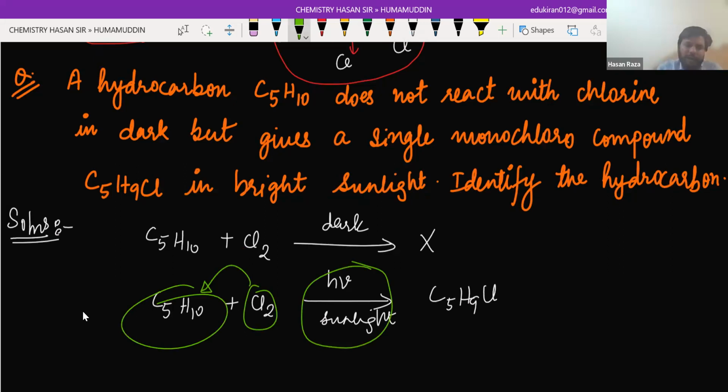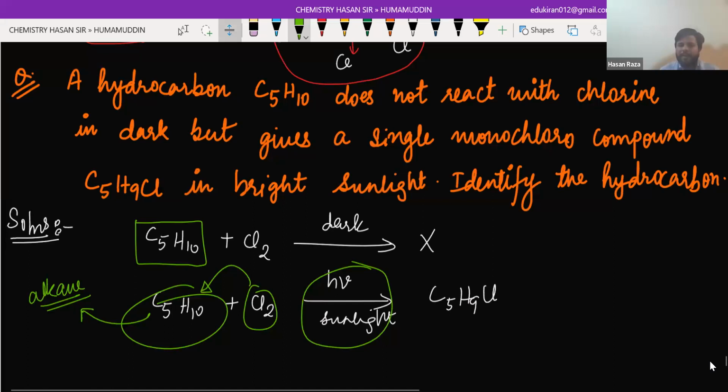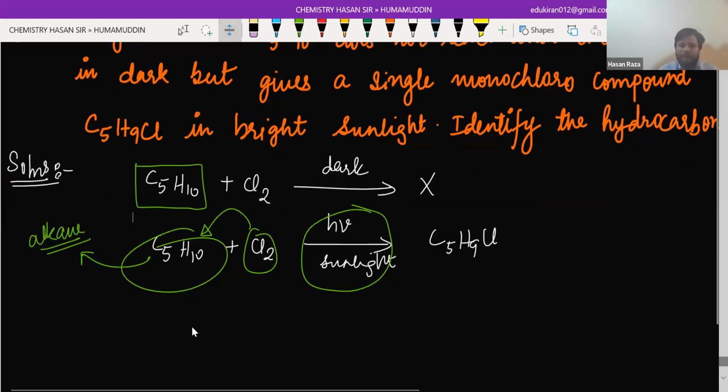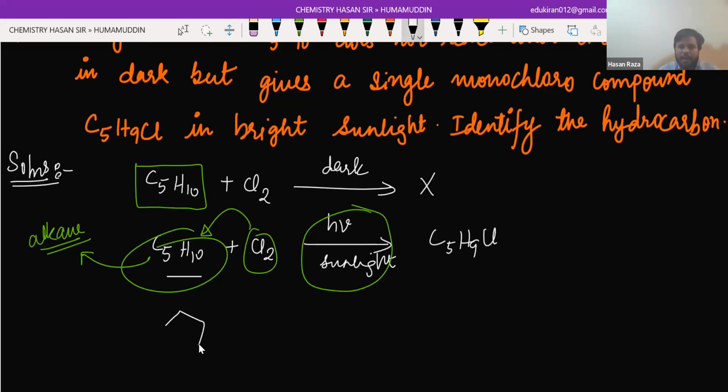But if you look at the formula, it looks like the alkene general formula. So with this formula, one alkane is possible. That is your cyclopentane, which has C5H10.